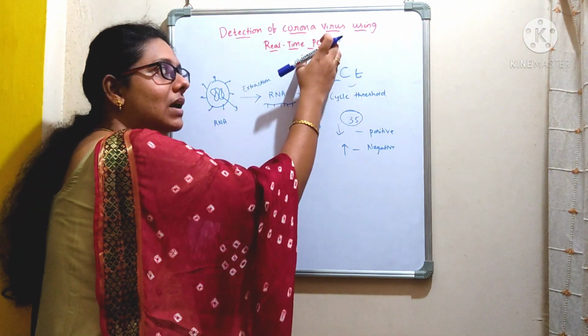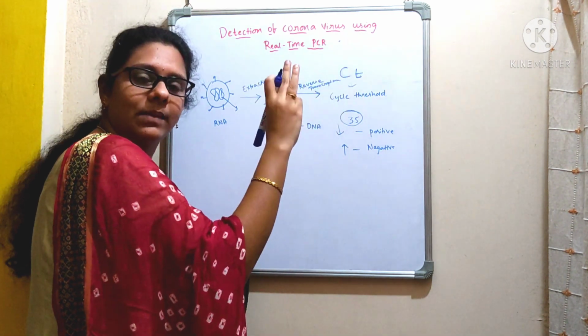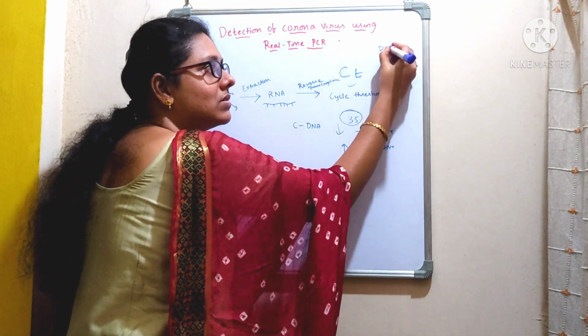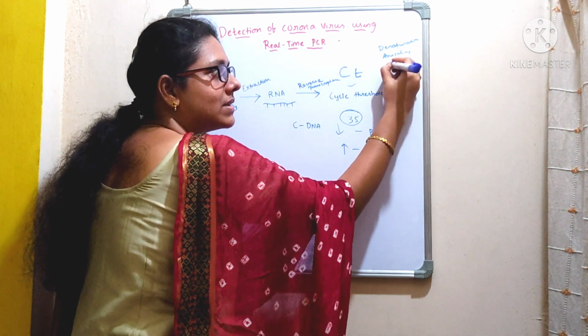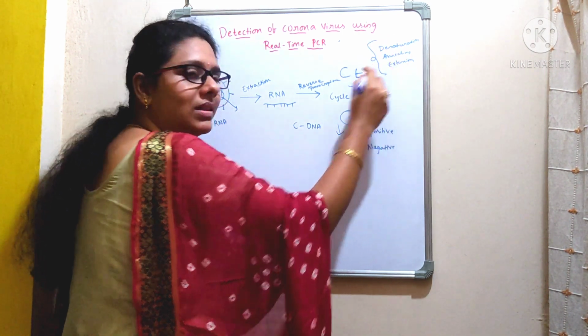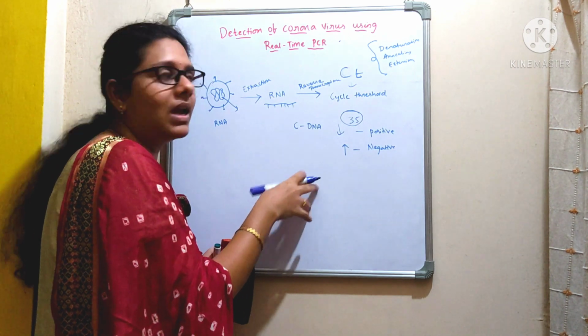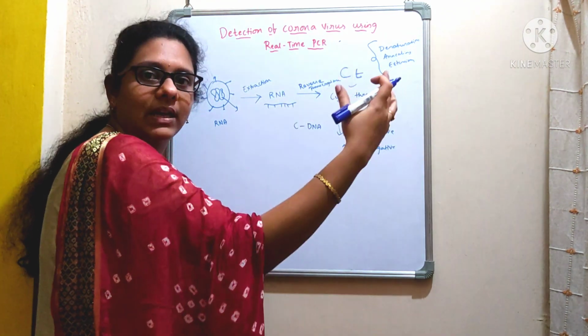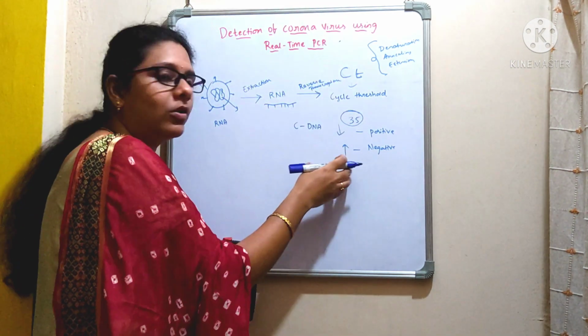where this PCR, which stands for polymerase chain reaction, carries 3 steps: denaturation, annealing and extension. By carrying out all 3 steps, we are going to achieve the synthesis of DNA at the end of each cycle. So with each cycle, we are going to increase the amount of DNA.